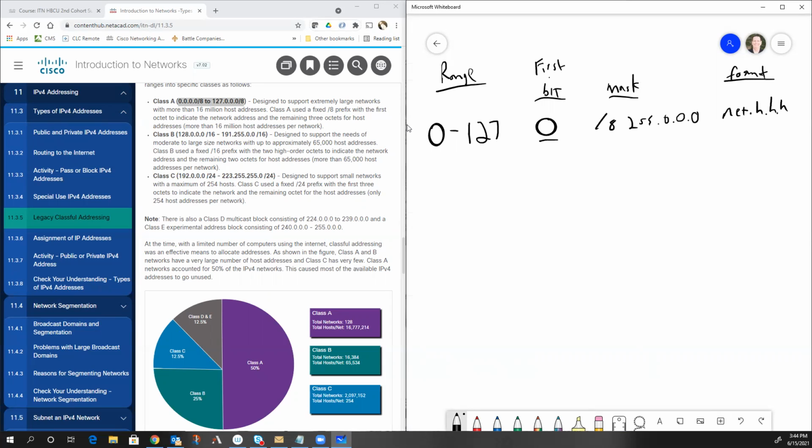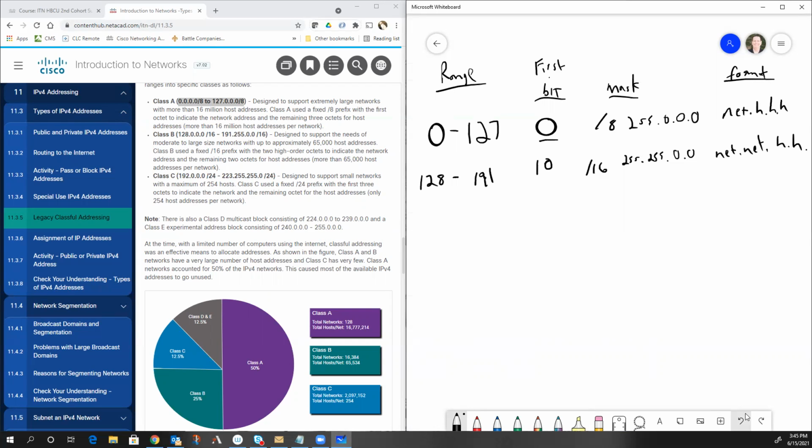Now for a class B, the range is 128 to 191. The first 2 bits have to be a 10. The mask is /16, which is 255.255.0.0, which gives us a format of network.network.host.host.